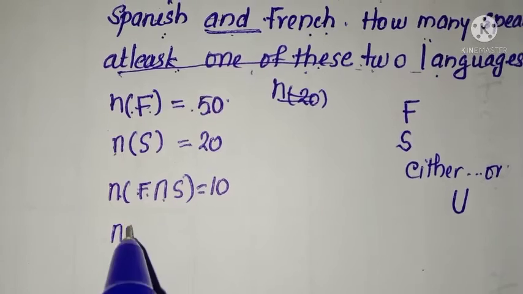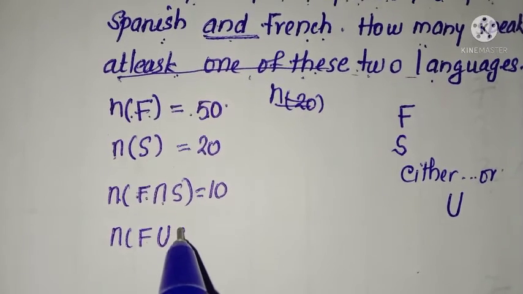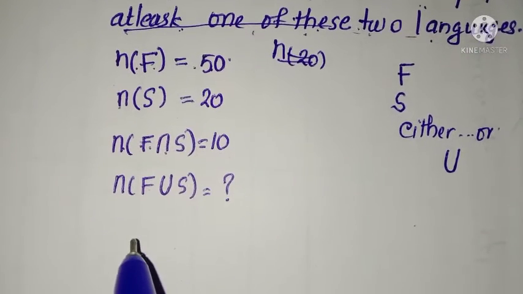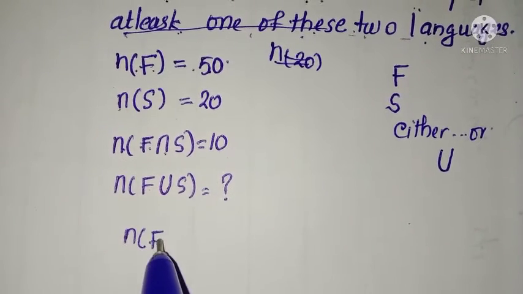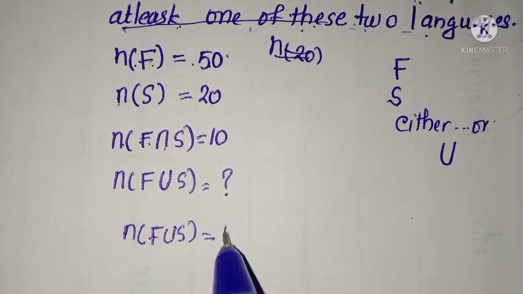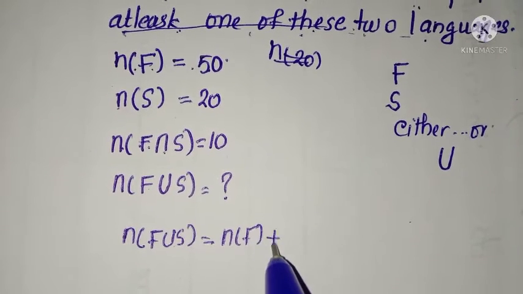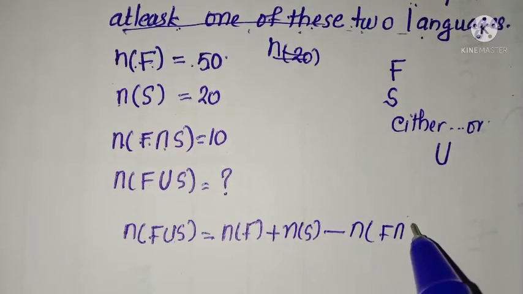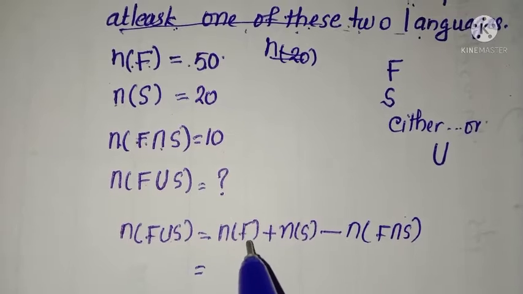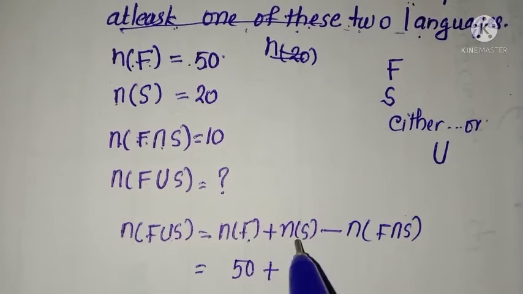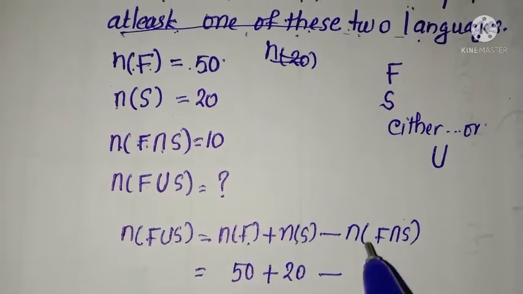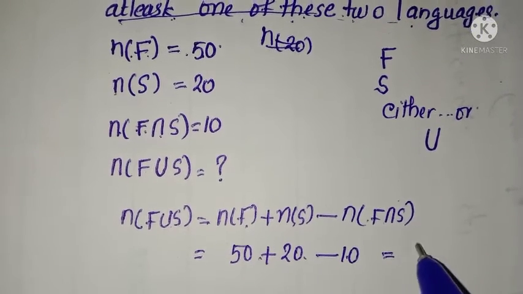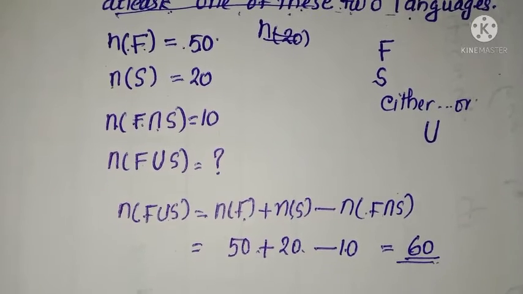So we need to find n of F union S. Writing our cardinality theorem: n of F union S equals n of F plus n of S minus n of F intersection S. Here n of F is 50, n of S is 20, n of F intersection S is 10. So 70 minus 10 is 60.